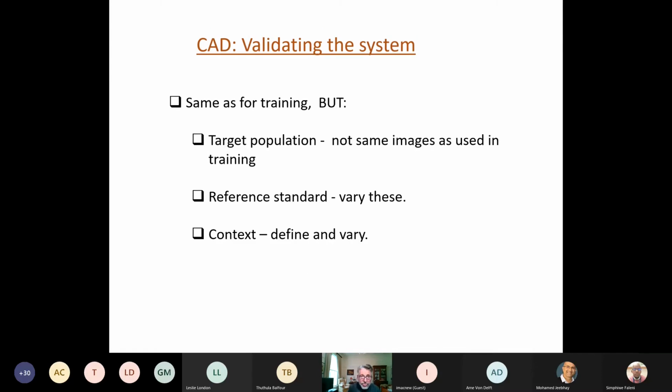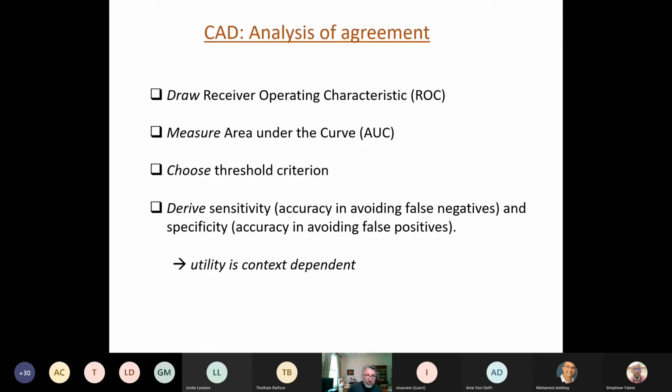First, you need the development or the training, and then you need the validation in the same target population, but not the same images used for training. You need reference standards, and the contexts may vary. I'm going to present some of the analysis, but I just want to identify what we're going to be looking at. First of all, you need to draw something called a receiver operating characteristic curve.